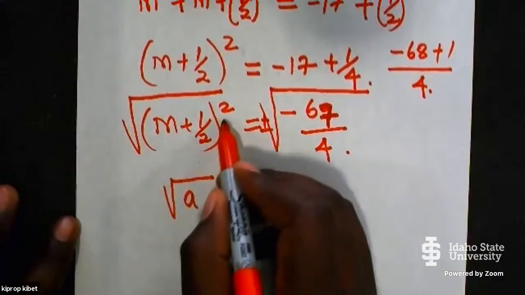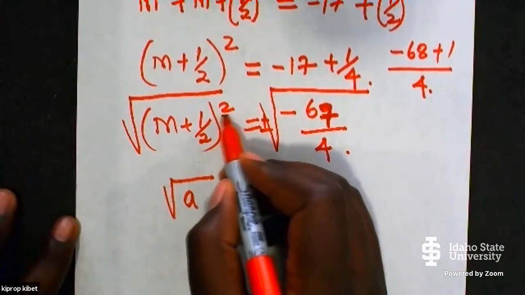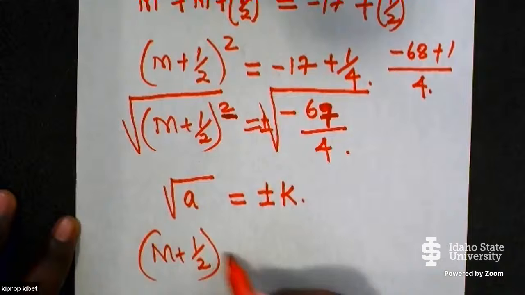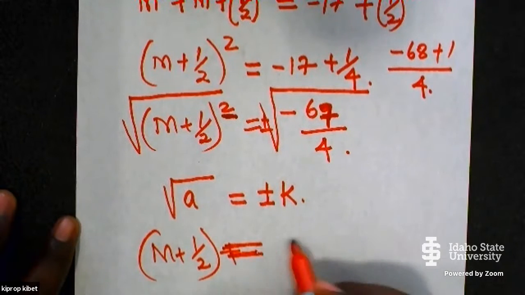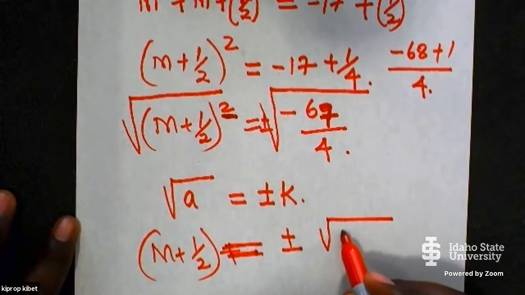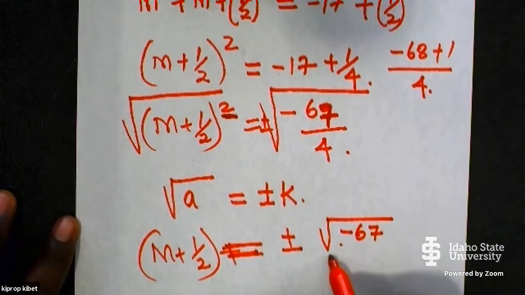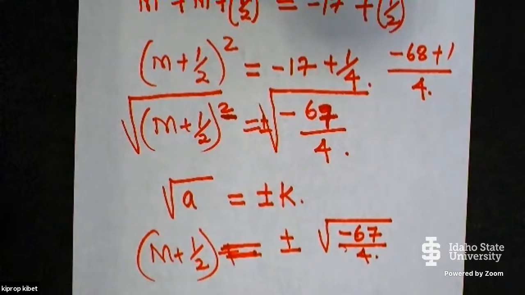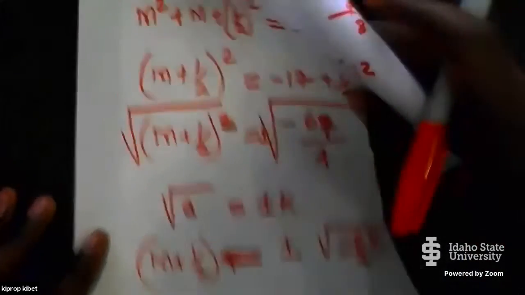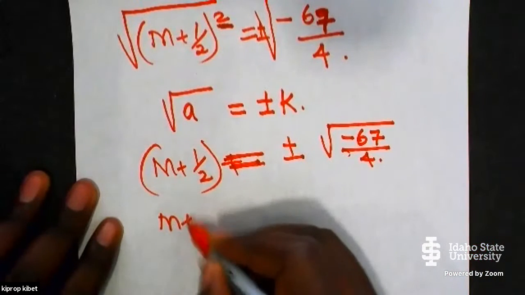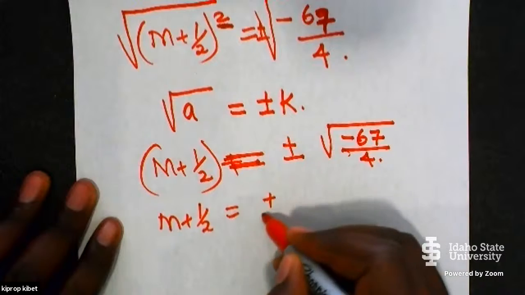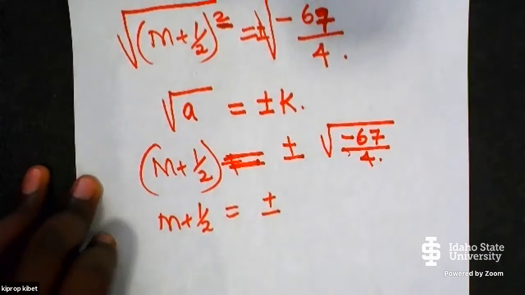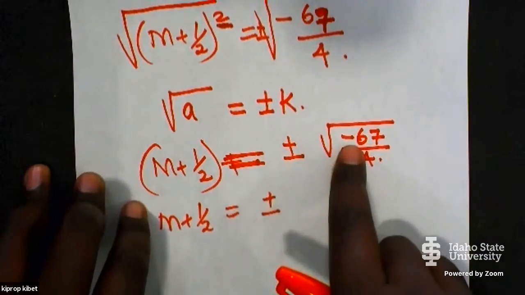So finally, because the square root of this will cancel with this square here, we have m plus 1 over 2 equals plus or minus the square root of minus 67 all over 4. So our next step is m plus 1 over 2 equals plus or minus the square root of minus 67, and the minus 1 there.